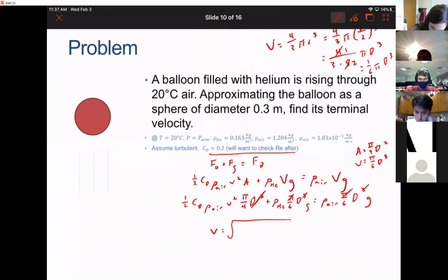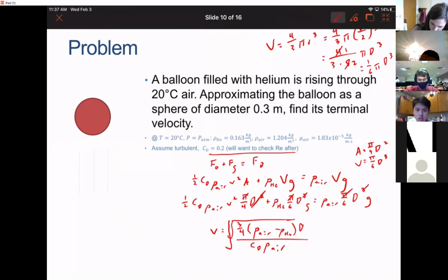Yeah, that should, let's see, that's 1/8 divided by 6, so it'll be 3/4 times density of air minus density of helium times D all over CD density of air.